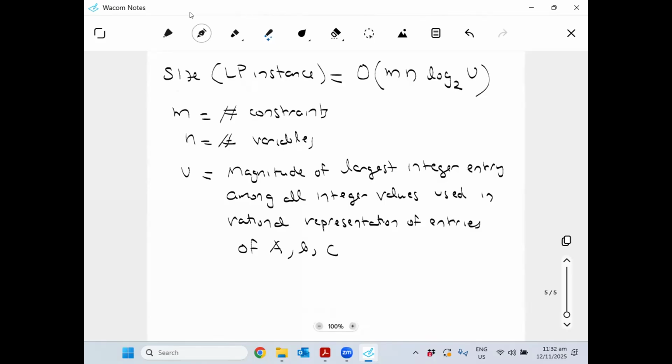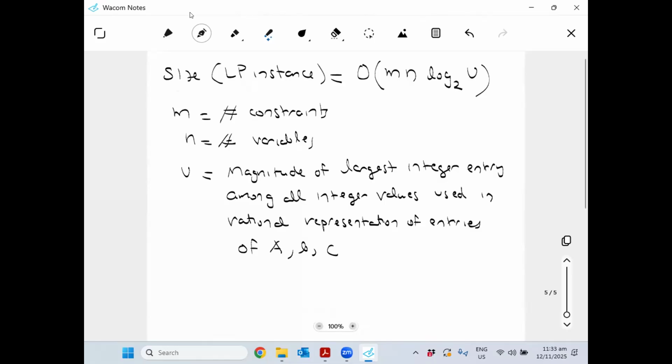Whichever largest integer I'm using, I require as many bits as that, multiplied by m times n. So the point here is that this should not depend on the entries of A, B, and C, but on log of A, B, and C. Is that clear? If you're doing this for the first time, it's a bit of complexity, but it's useful to know this.